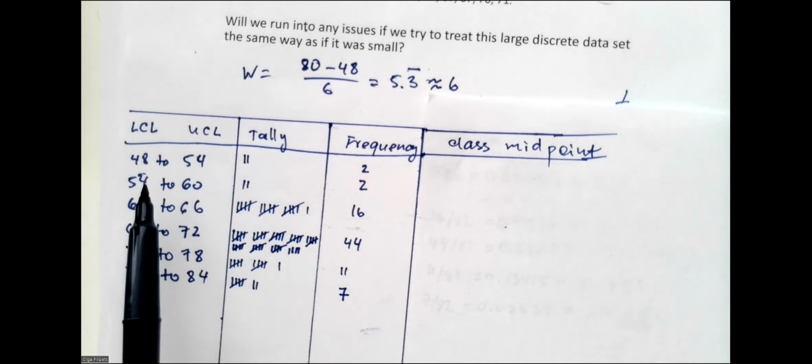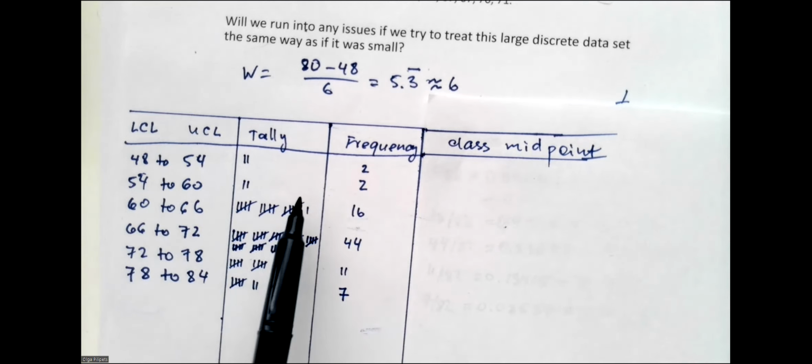If there were 54s, they would go to class 2, but what about 53s? There could be 53s, both of them. We don't know, but we still would have to calculate the averages and stuff using just the table and not having access to the original data.